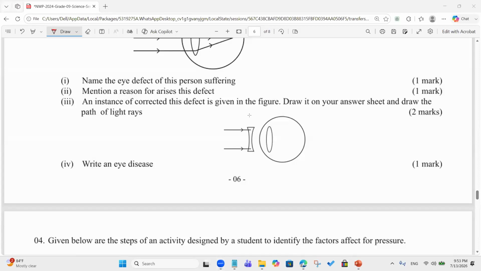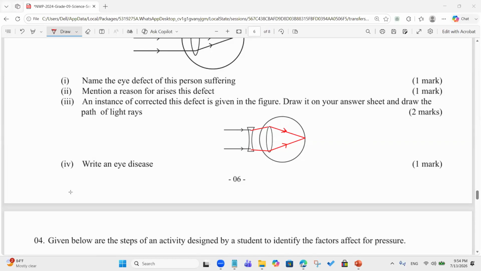The light rays are going like this, and then this lens, the eye lens, collects them onto the retina. Remember to mark the arrowheads, don't forget them, because to show the light rays you need to draw arrowheads. Now it is completed. 2 marks for this.